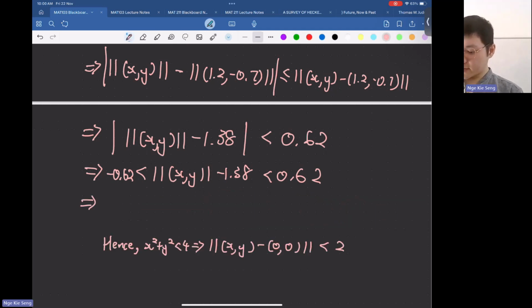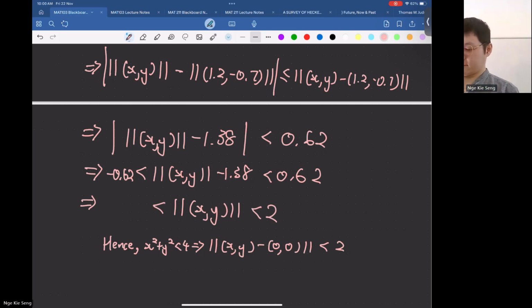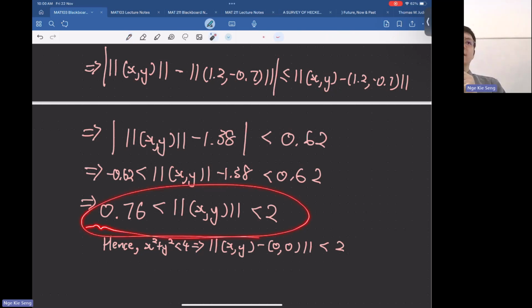The length of (x, y) should be less than 2 and greater than 0.76. Yeah. Okay, so all your (x, y) is living in this radius here.